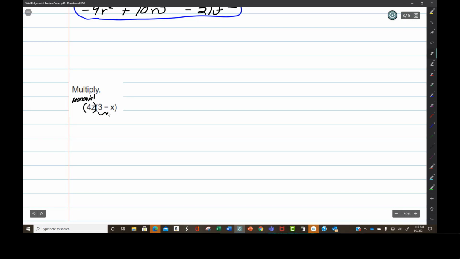And this is a binomial. As you're going to see, if you don't already know it, or you might know it but not think of putting it into words, all polynomial multiplication ultimately comes down to multiplying a monomial times a binomial.